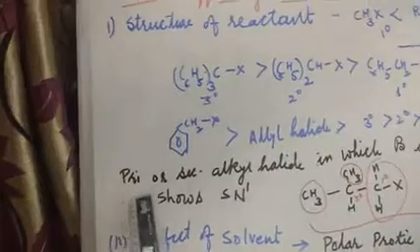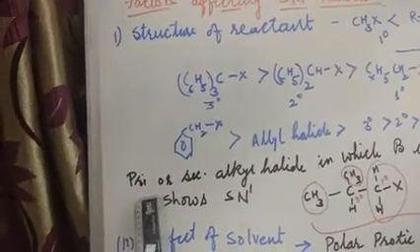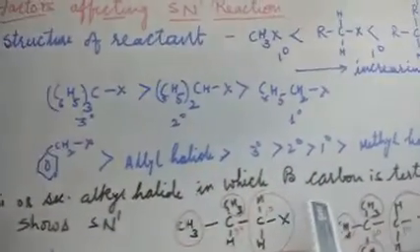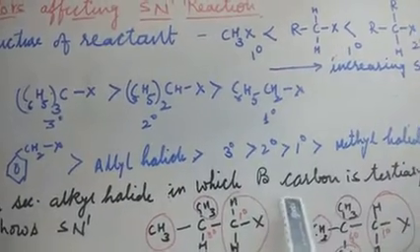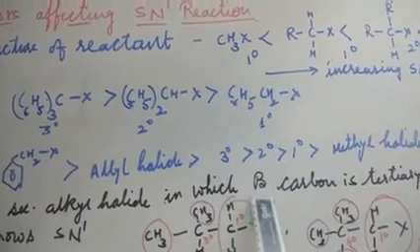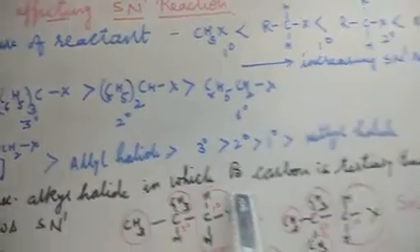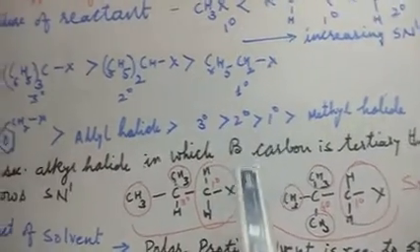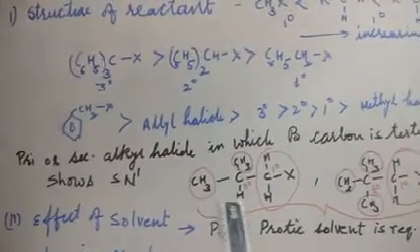One more thing, friends, which is important. If suppose the alkyl halide is primary, but it has a tertiary carbon on the beta position, then also it will show SN1. I am giving you an example so that you can understand it.